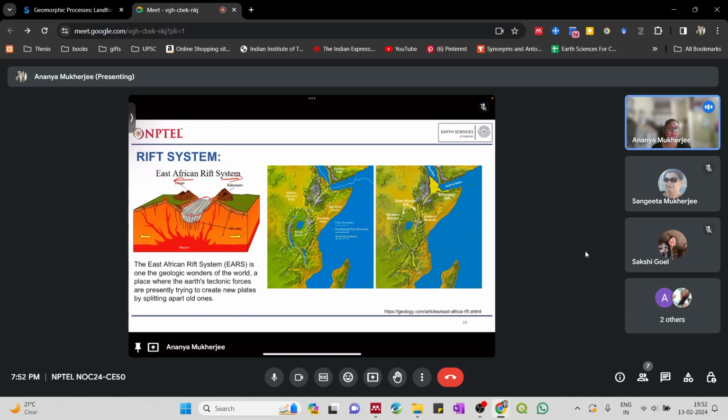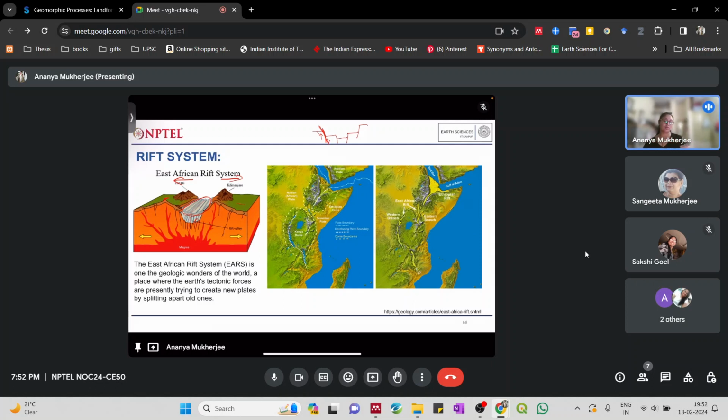So when we talked about the mountain building processes, there we talked about thrust faults. When this continental rift is happening, actually normal faults are the faults that are created. So in normal faults, again one block of mass is moving upwards and one block of mass is actually moving downwards, but the fault plane is different.